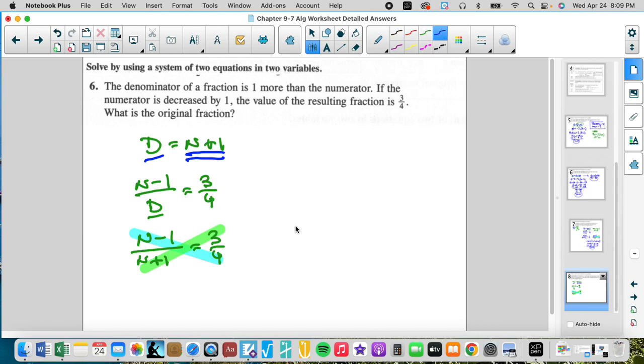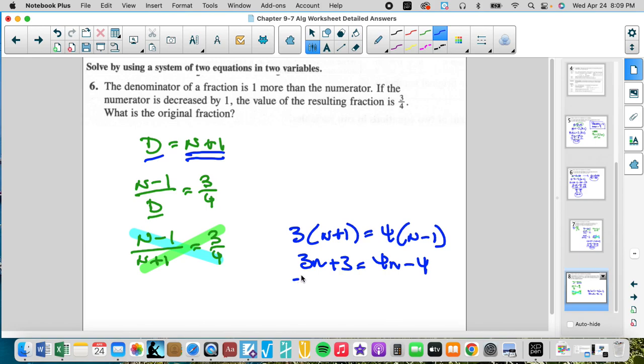Our new equation is 3 times n plus 1 equals 4 times n minus 1. 3n plus 3 equals 4n minus 4. Minus 3n, plus 4 on both sides. 7 equals n.